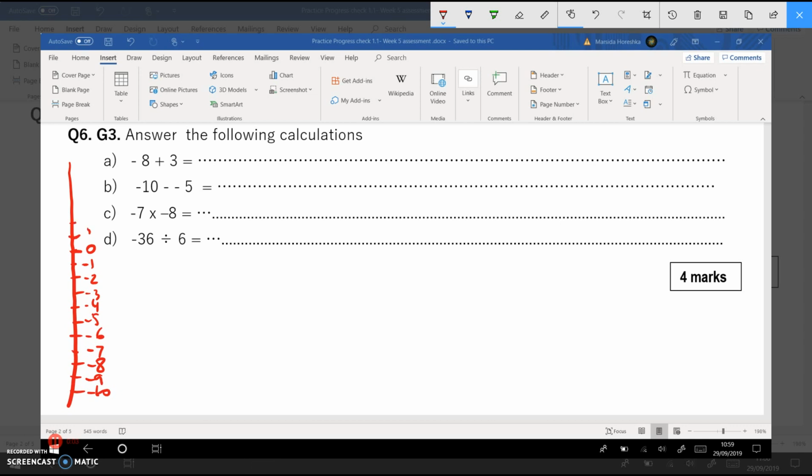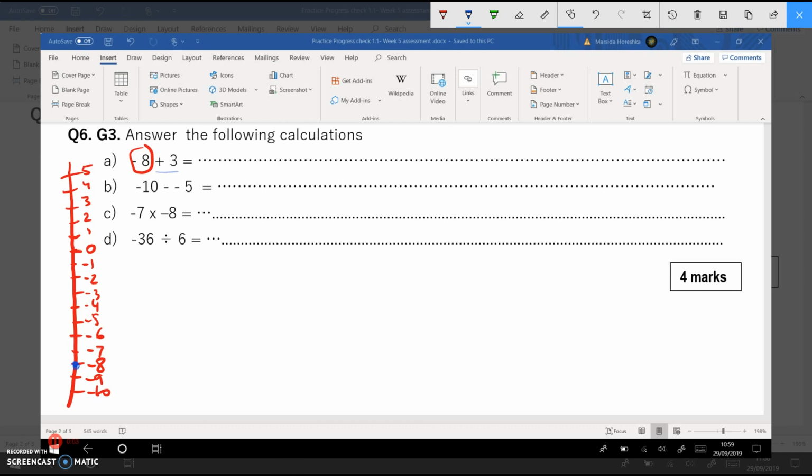And above 0 we go 1, 2, 3, 4, 5, and so on. So what's the initial temperature if we consider this number line to be a thermometer? So that would be -8. So we are right here at the moment.